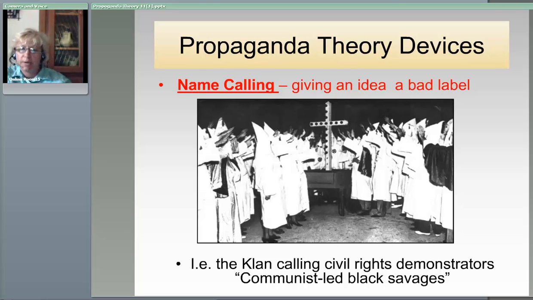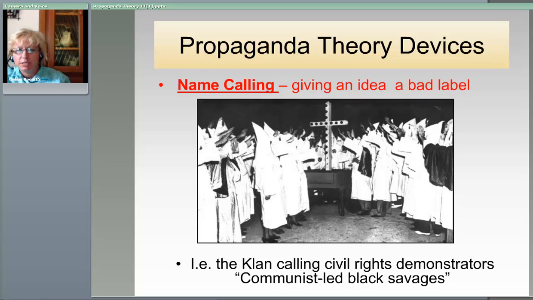Understand, America was anti-communist, right? The civil rights movement at the time was a movement simply trying to give rights to people who at the time did not have them. Okay? There were many, many good people involved in the civil rights movement.